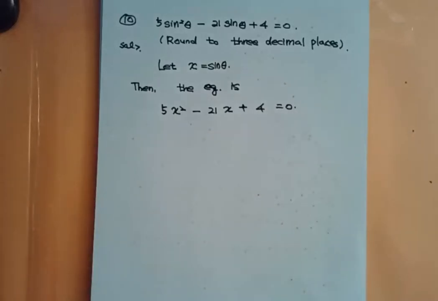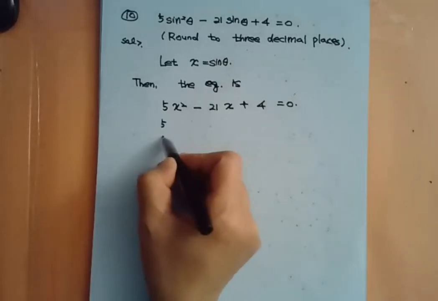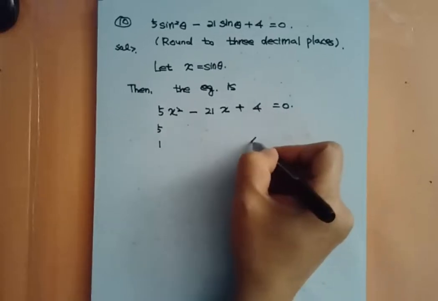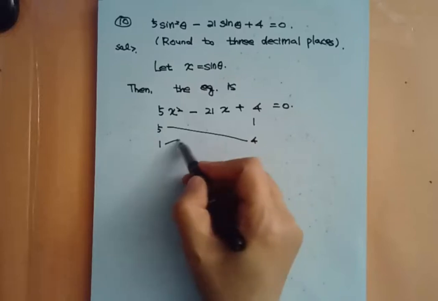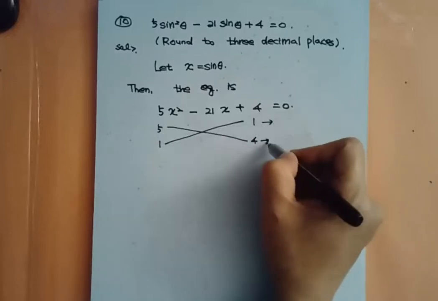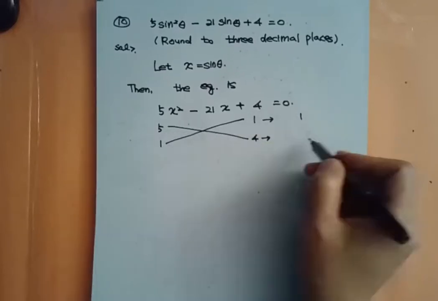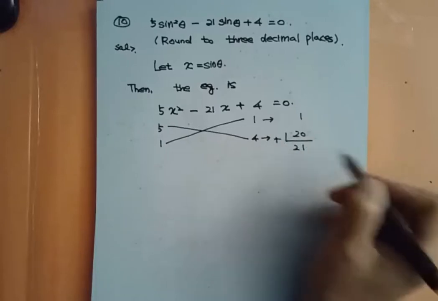So we have to figure out the factorization. This is 5 times 1. And this is 4 times 1. The strategy is after we cross multiply, we have to get 21. So 1 times 1 will make 1, and 5 times 4 will make 20. When we add them up, we have 21.